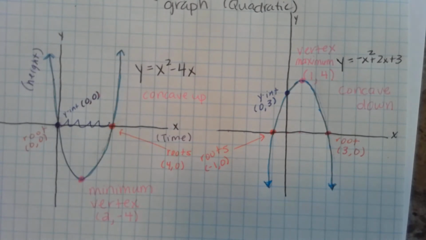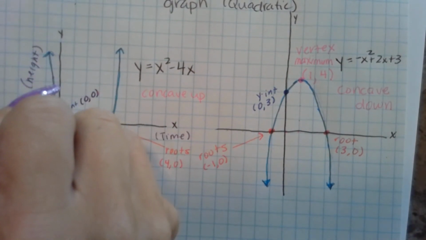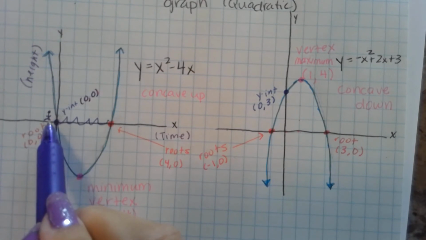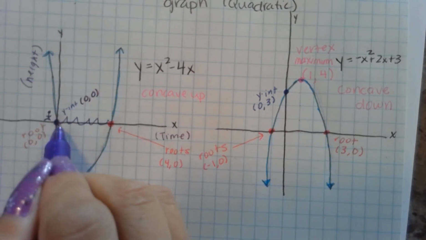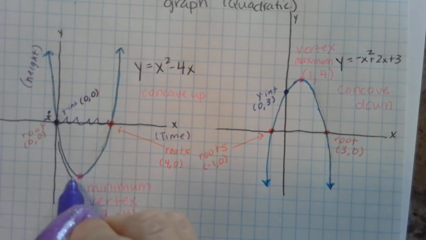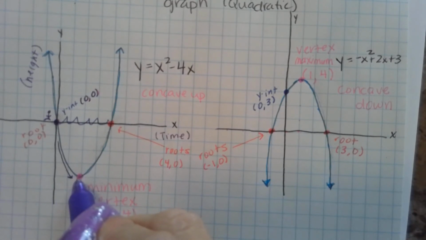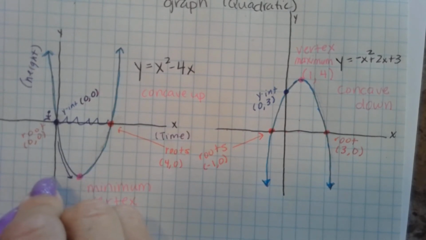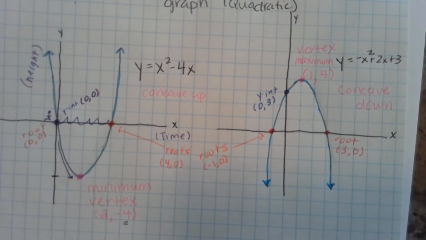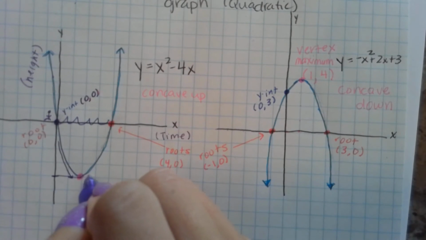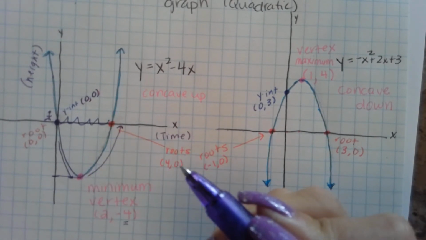If you were to stand here right in the middle, right on 0, and you decide to jump in the water, you would end up swimming down, down, down to about right here. And this is what? -4 right here. You would swim all the way down to -4, I don't know, feet. And then you would end up coming back up for air, right?